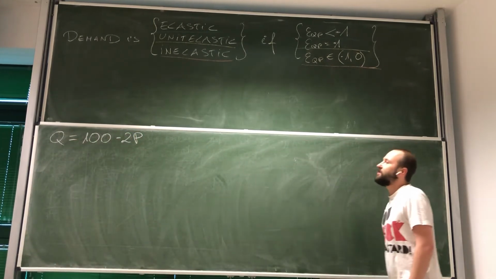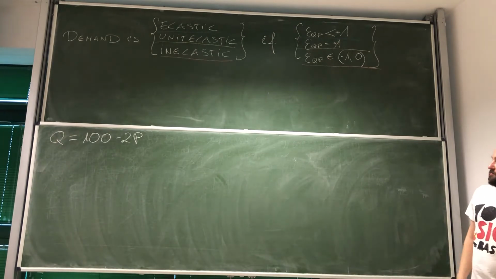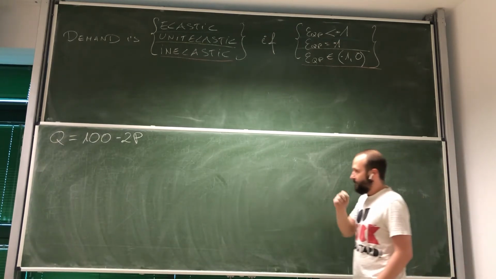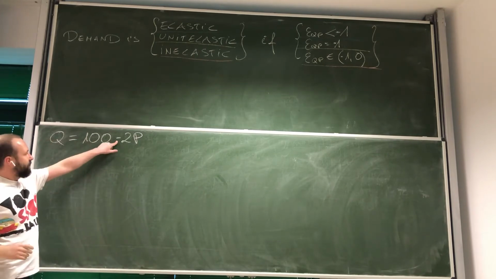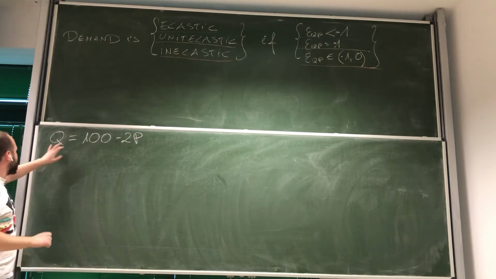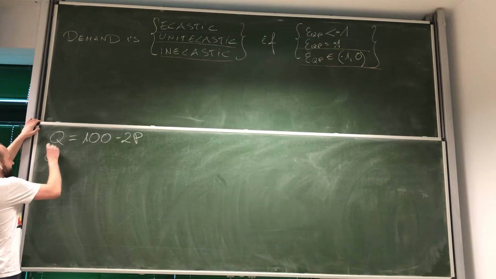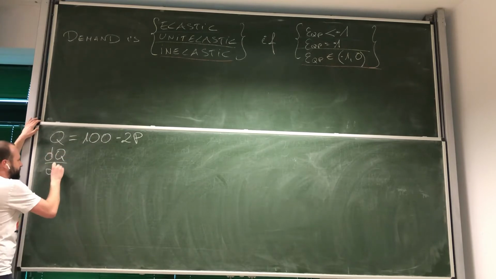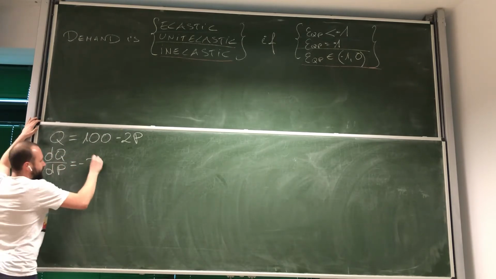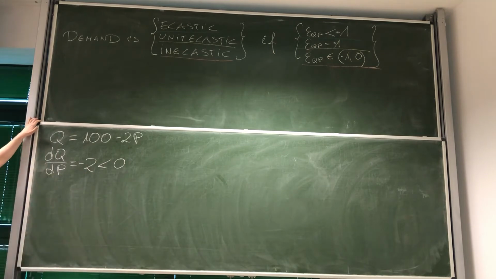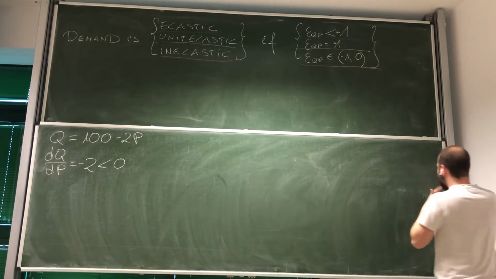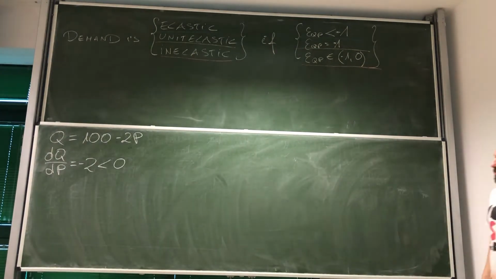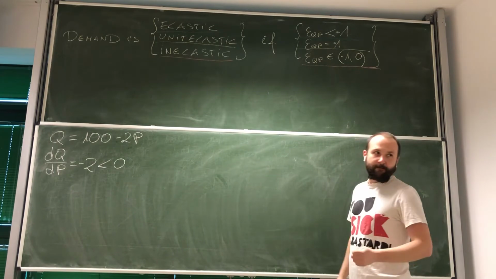First question is, can this actually be a demand function? Well, it clearly can, because we see a negative relationship between price and quantity, the higher the price, the lower the quantity. If I differentiate quantity with respect to price, I'm getting a negative outcome.